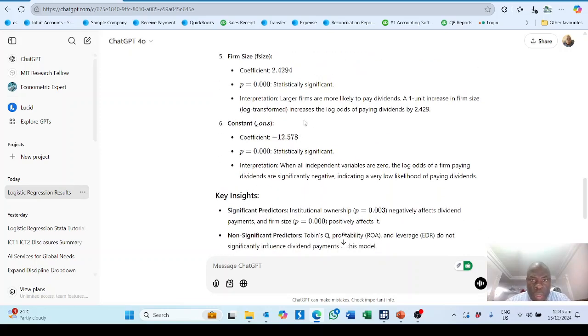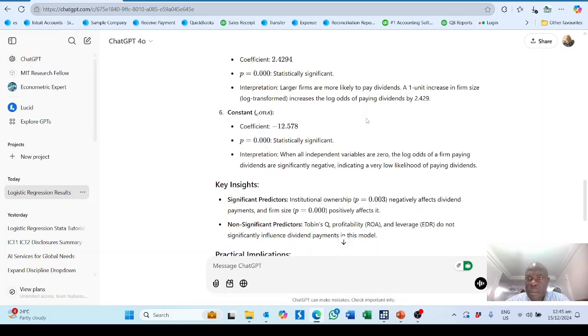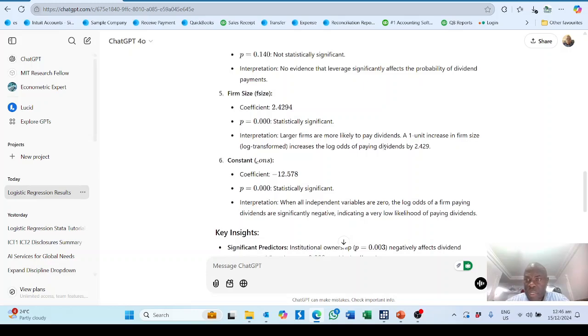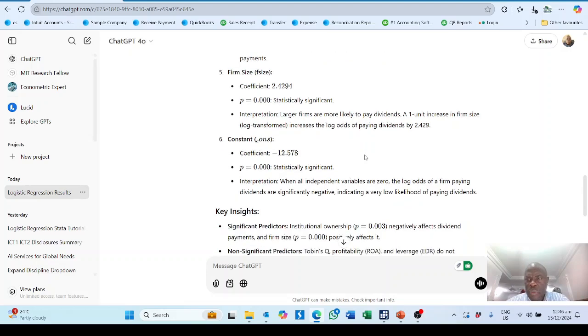So the interpretation is that larger firms are more likely to pay dividends, and a 1 unit increase in firm size, as log transform, increases the log odds of paying a dividend by 2.427.